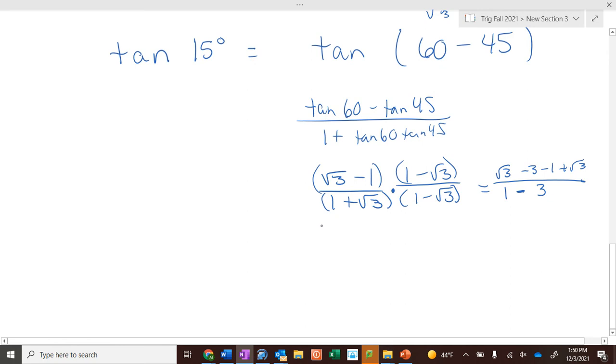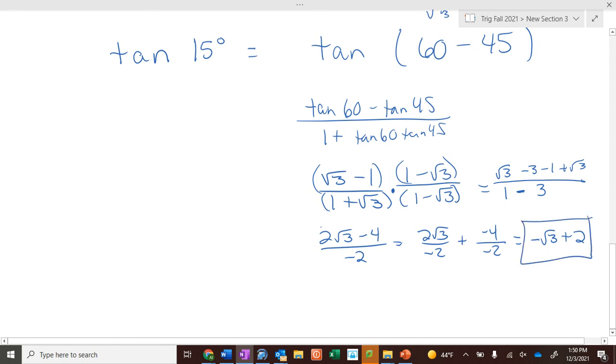So in the numerator, you get 2 square root of 3's. So it's 2 square root of 3 minus 4 all over negative 2. To simplify that, it's 2 square root of 3 over negative 2 plus a negative 4 over a negative 2, which is negative square root of 3 plus 2. That is the tangent of 15 degrees.